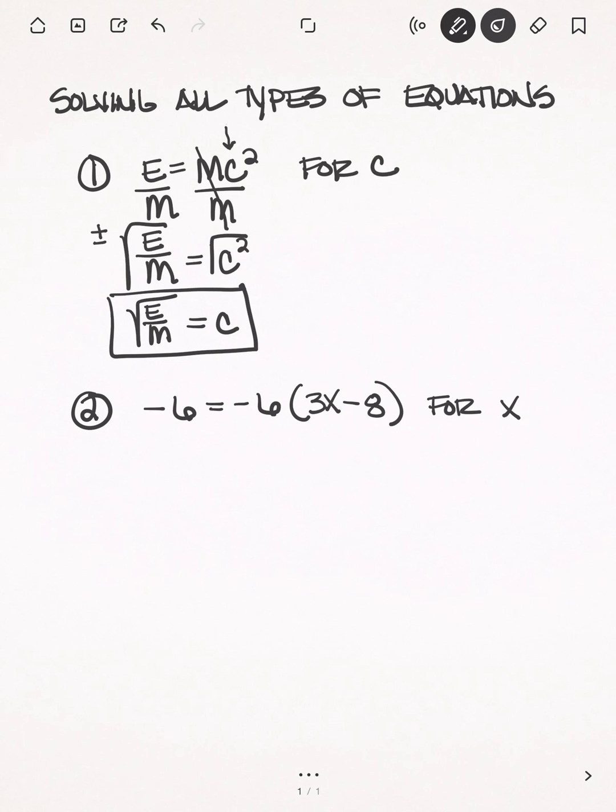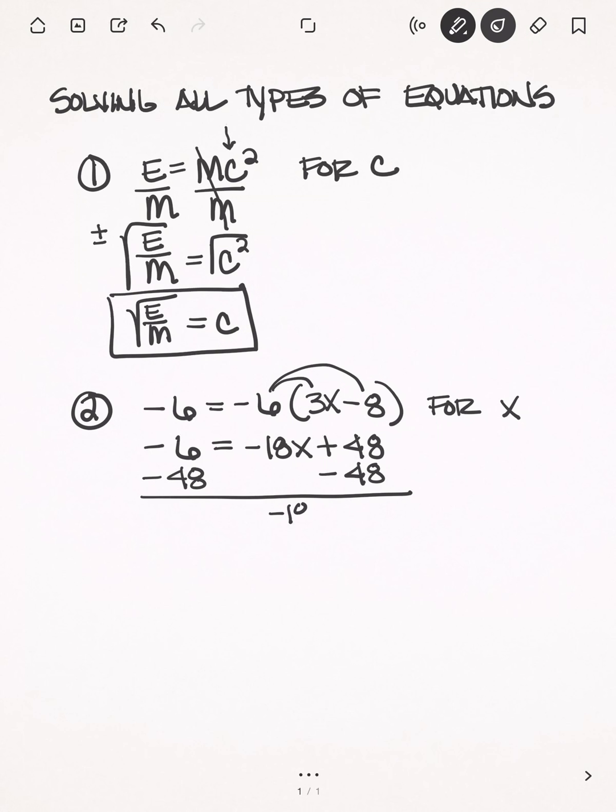Okay. Here we go. We have negative 6 is equal to negative 18x. And then negative 6 times negative 8 is positive 48. So I took that negative 6 and I distributed it to everything inside the parentheses. Okay, I'm trying to get x by itself, so I'm going to move 48 over to the other side.